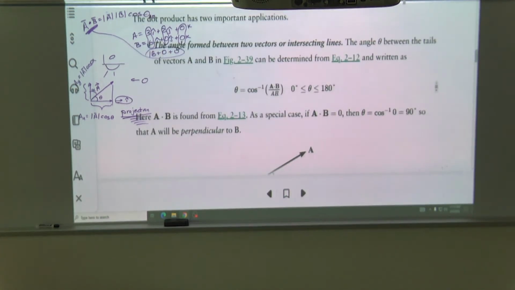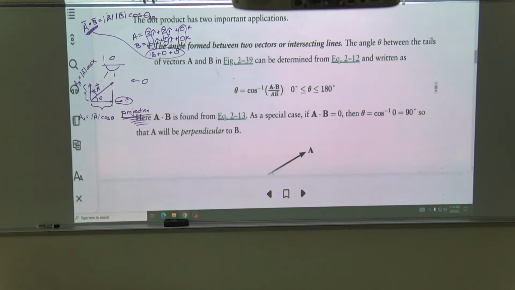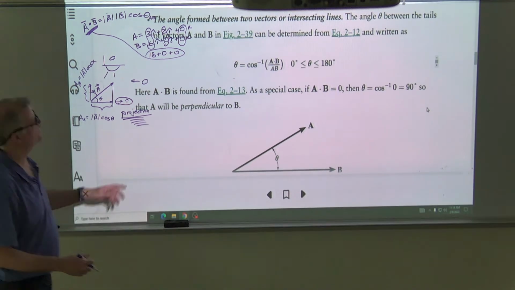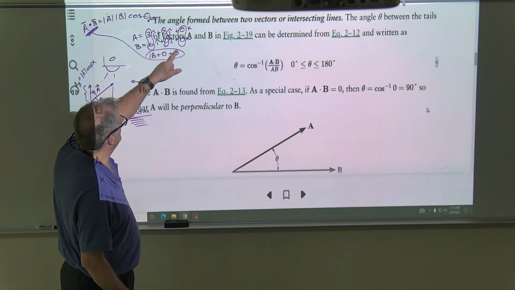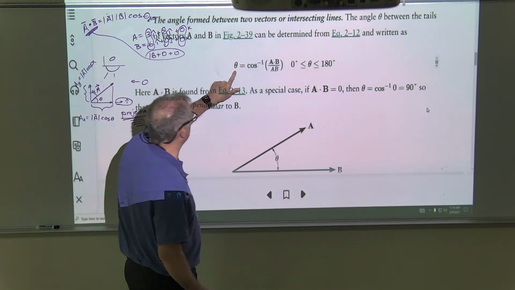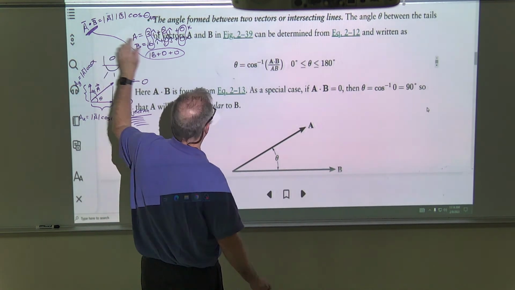So application. So here he's got, ooh, that's weird. Okay. The angle from two vector intersecting lines. The angle determined from that is written as, okay. So here's what he's doing. He's doing exactly that.